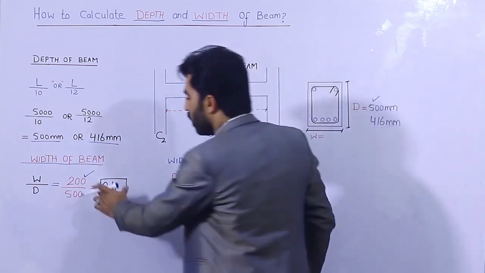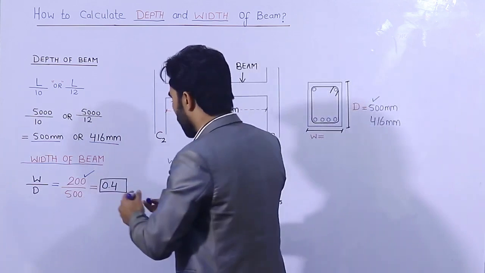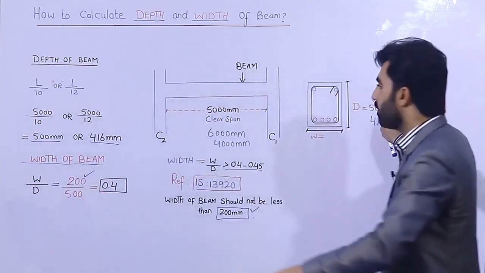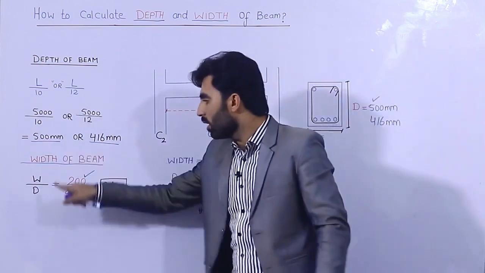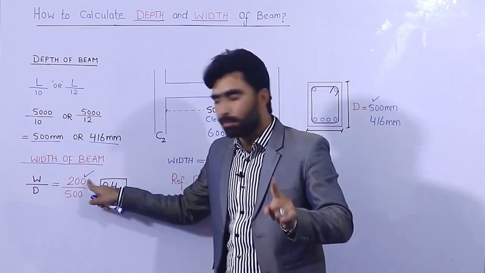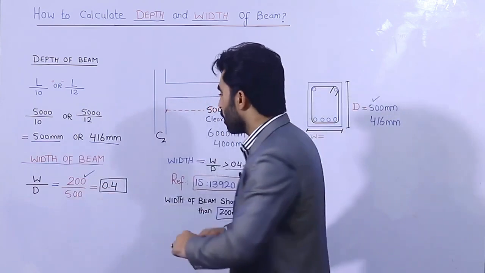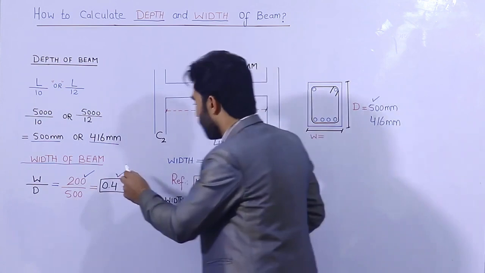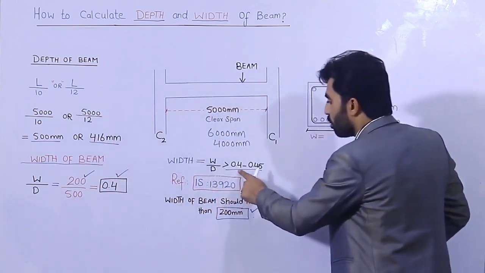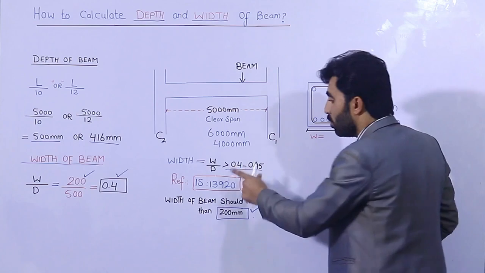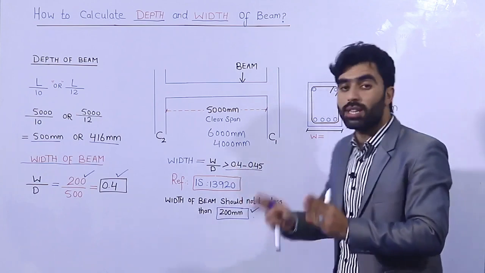So 200 divided by 500, because the depth of the beam is 500, you will get the value 0.4. This is greater than or equal to the limit, so the width is safe.